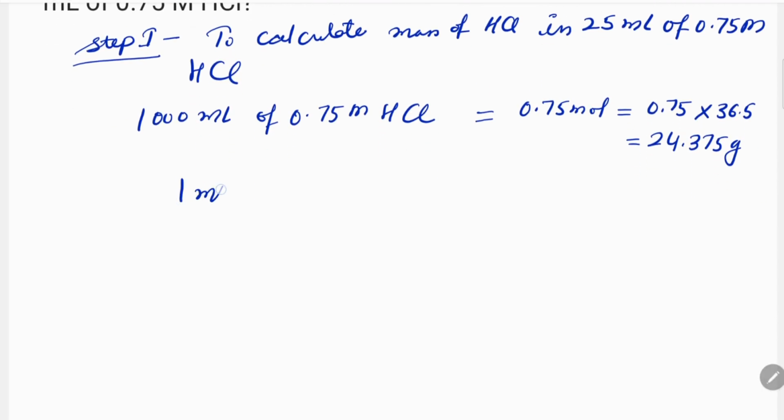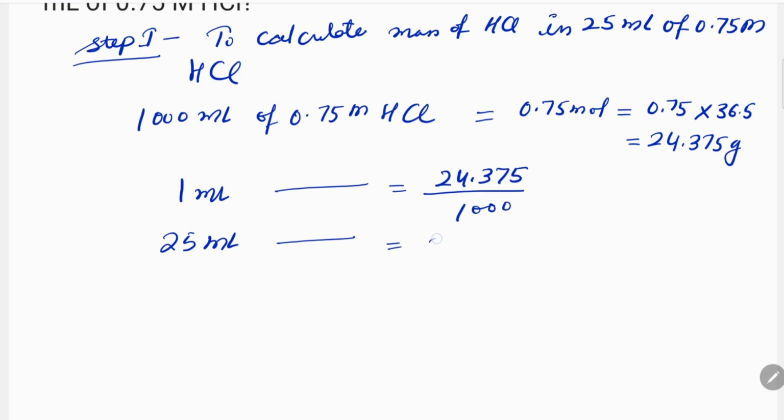If 1 milliliter was taken, then 24.375 divided by 1000, and at 25 milliliter as it is given in the question, then 24.375 divided by 1000 multiplied by 25.